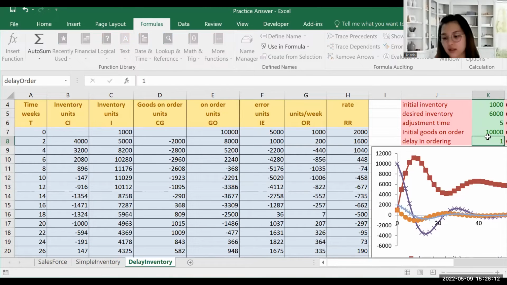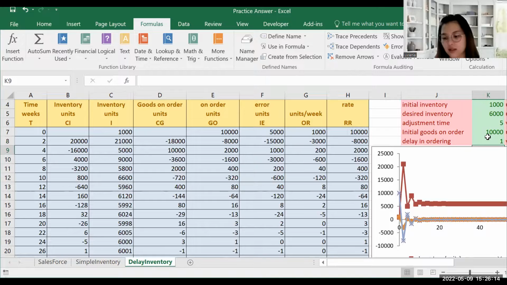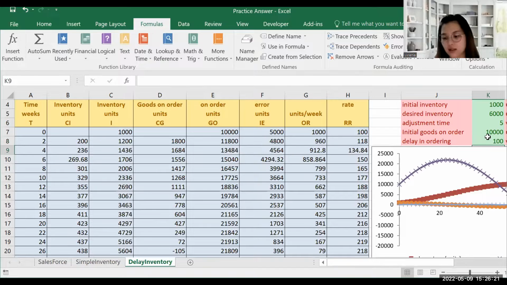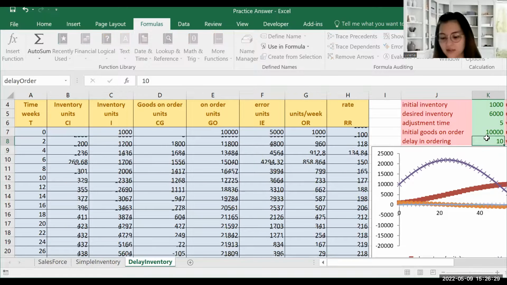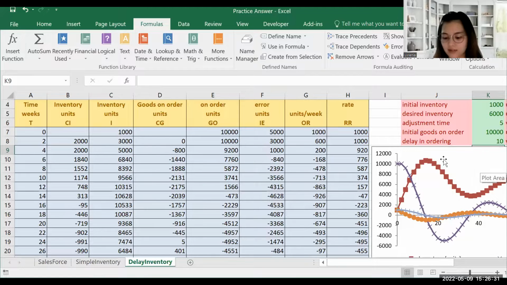If you put one, not so much fluctuation. If I put 100 here, wow, the fluctuation is much bigger, up to negative, right? So the delay in ordering matters so much to the system. Can you see?